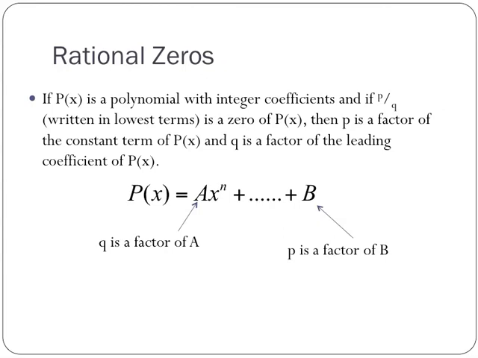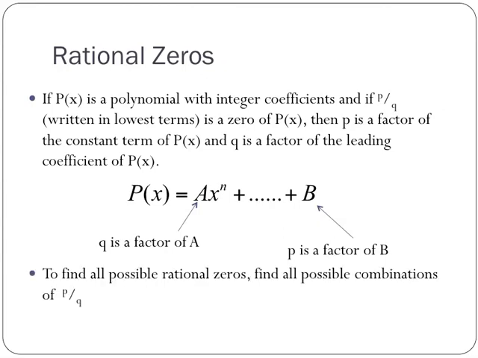And so all your rational zeros can be expressed as that ratio of p over q. Now, not all the different combinations of p over q are going to be zeros of the polynomial, but all the ones that are zeros will be within that list. So to find all possible rational zeros, you will find all possible combinations of p over q.